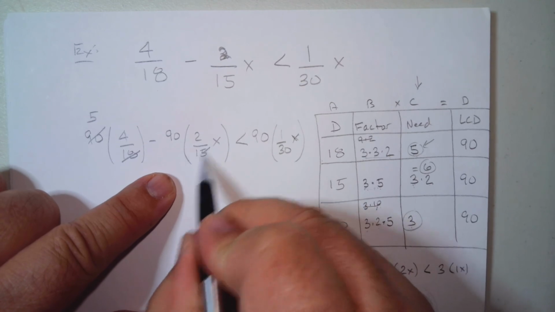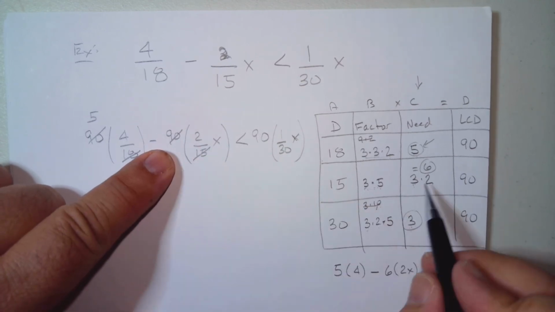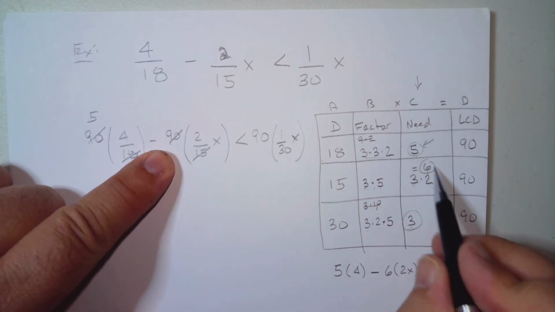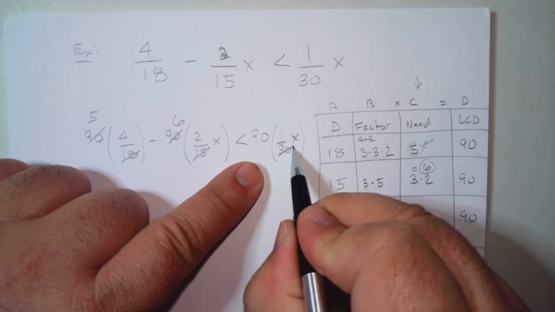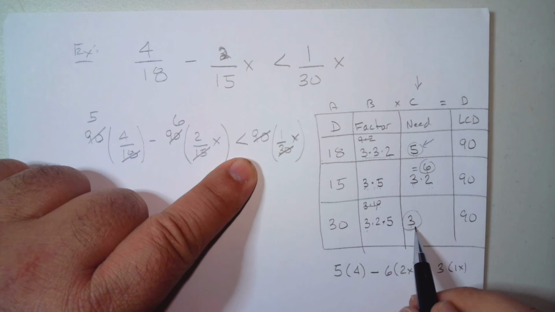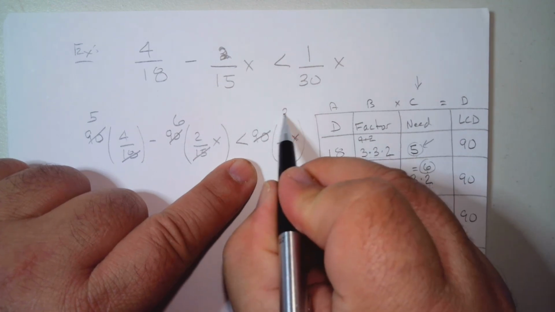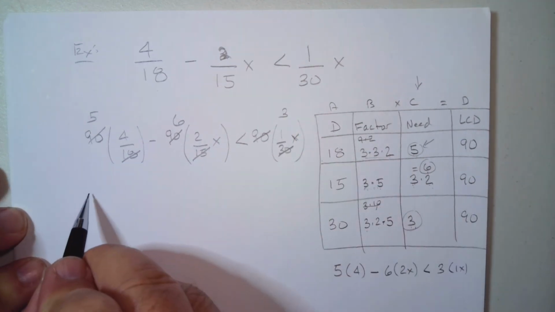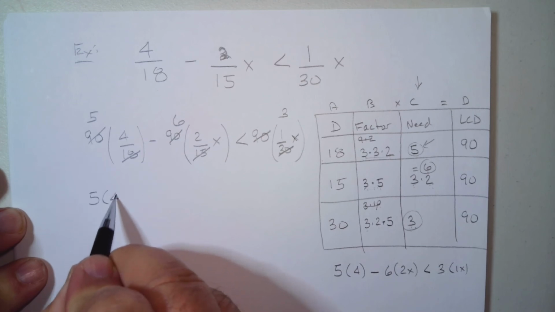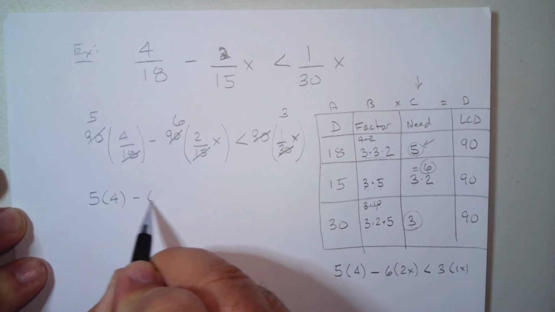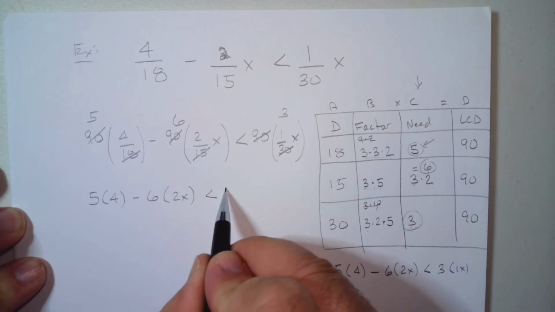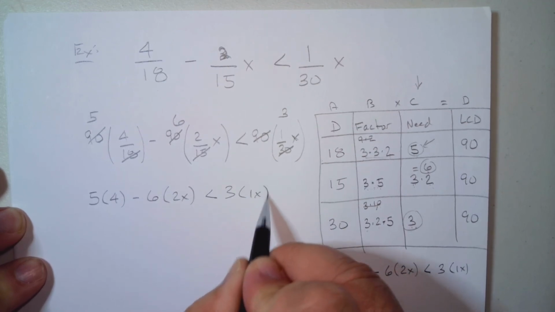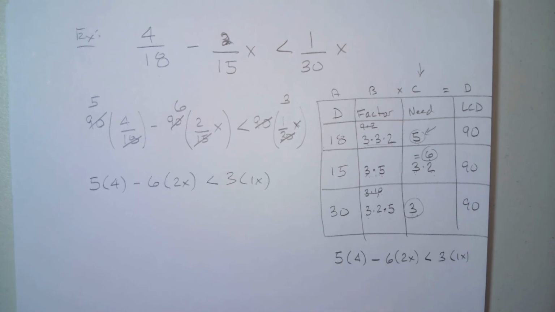How many times does 15 go into 90? 6 times. How many times does 30 go into 90? 3 times. So we got 5 times 4, 6 minus 2x, 3 times 1x. That's exactly what I predicted.